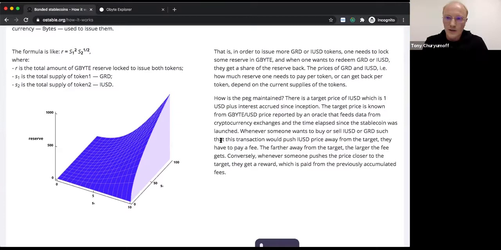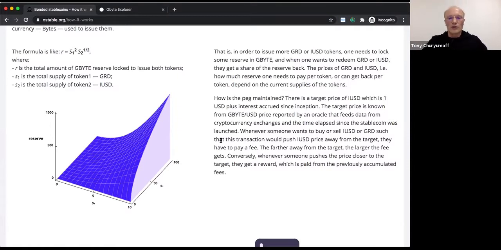This is the mechanism that keeps the price of one of the tokens stable. It is a kind of soft peg because the price can go away from the peg, but as soon as it goes away, there is immediately a higher fee for pushing it farther away, and a reward for pushing it back to the target price.